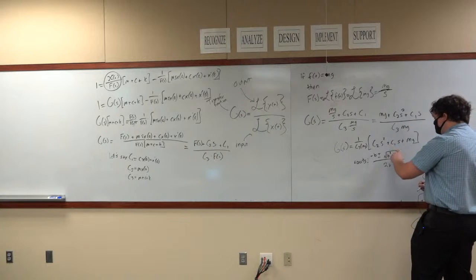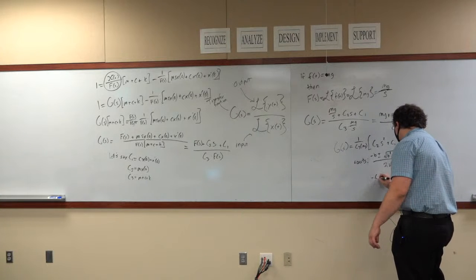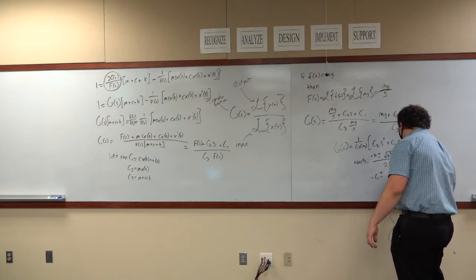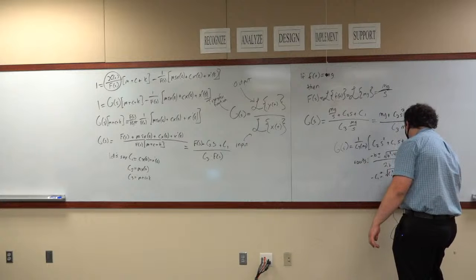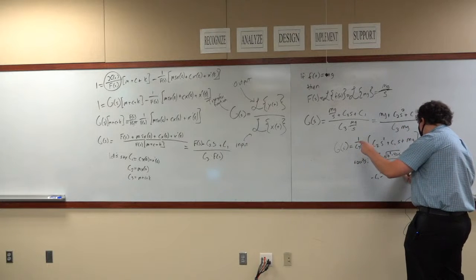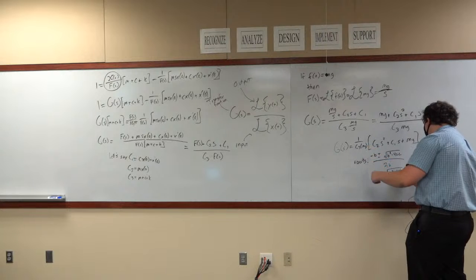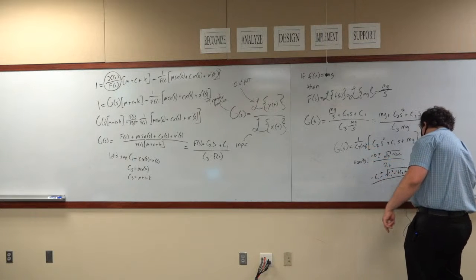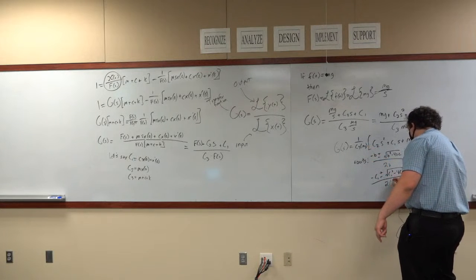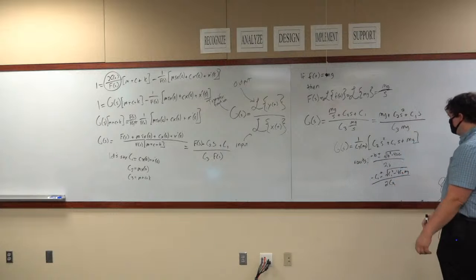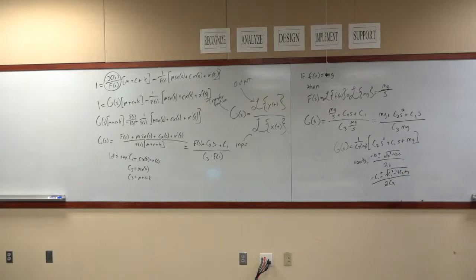So here our b is C1. So this equals negative C1 plus or minus the square root of C1 squared minus 4 C2 mg, divided by 2 C2.